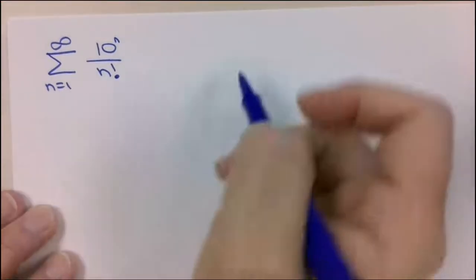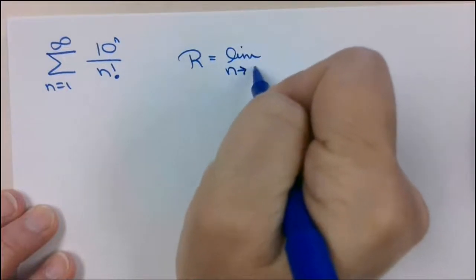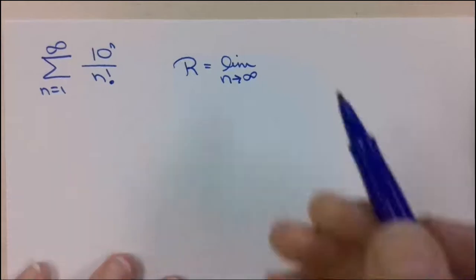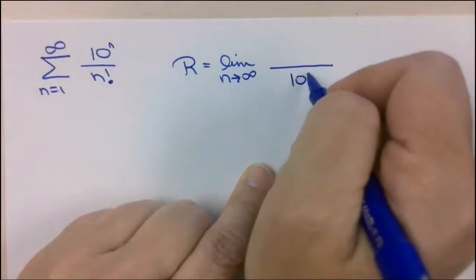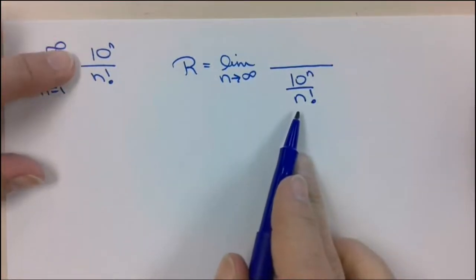First thing that we're going to do here is calculate that common ratio. It's going to be the limit as n goes to infinity of the, and I'm going to do this backwards. I'm going to start with the nth term down here on the bottom, which is just the expression that we have.